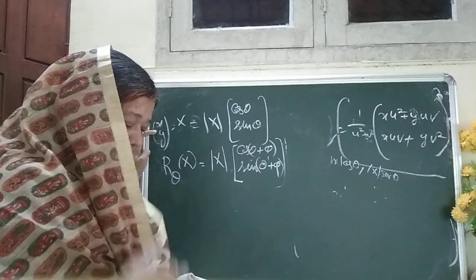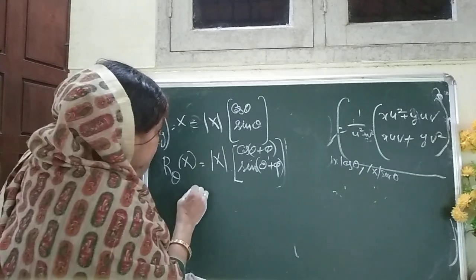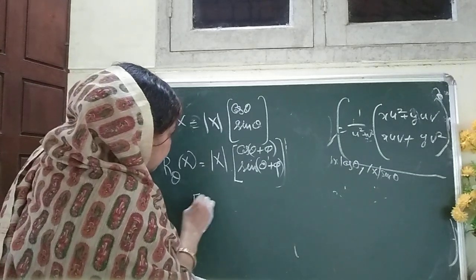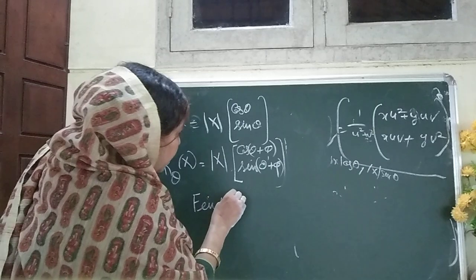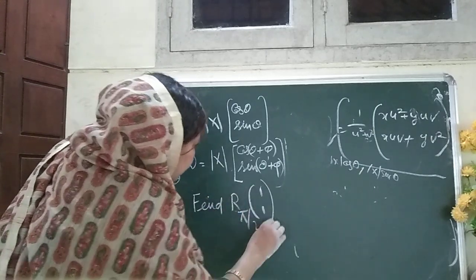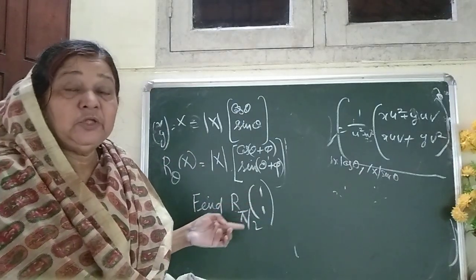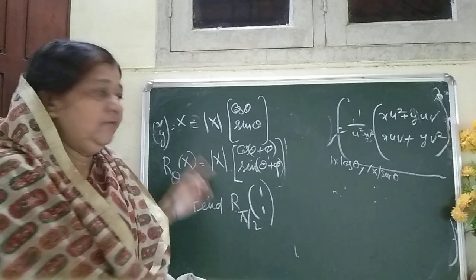Then, for example, it is very important, find R_(pi by 2) of the vector (1, 1), the transformation of the vector (1, 1) through an angle pi by 2. What happens?